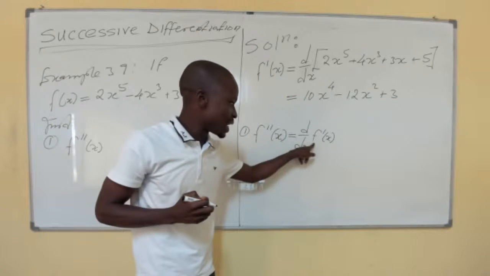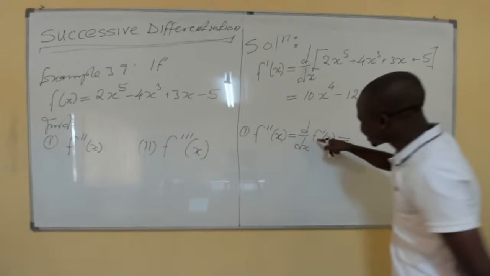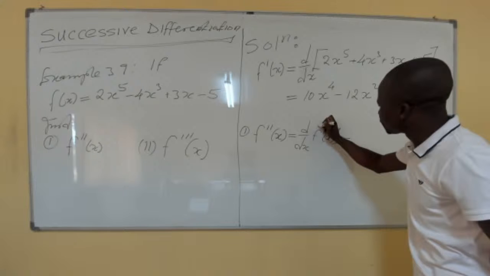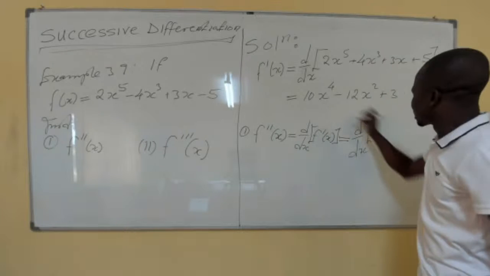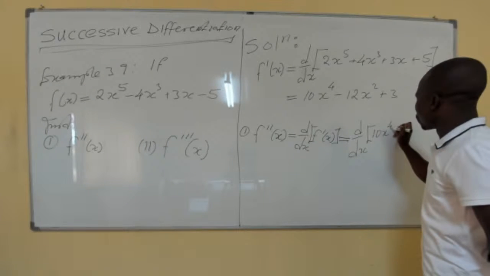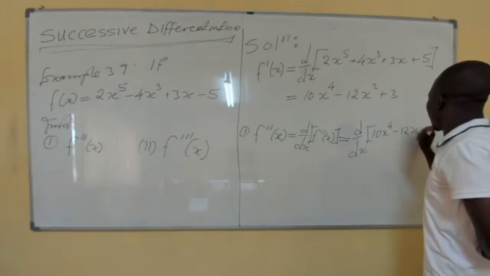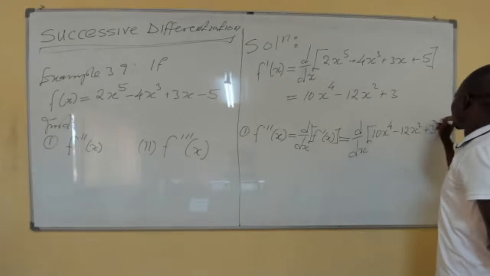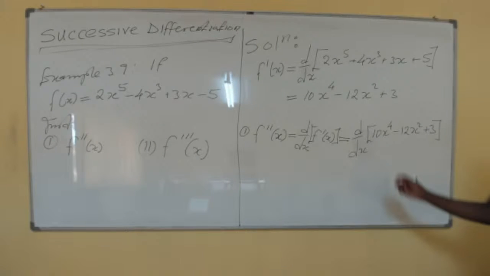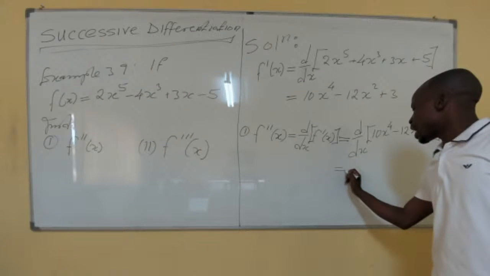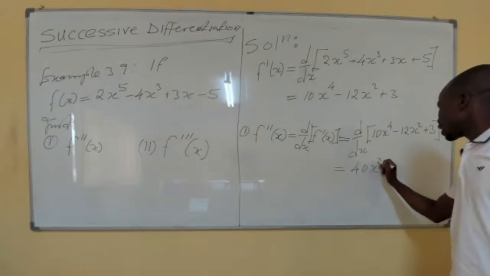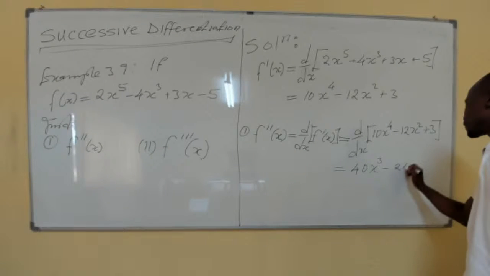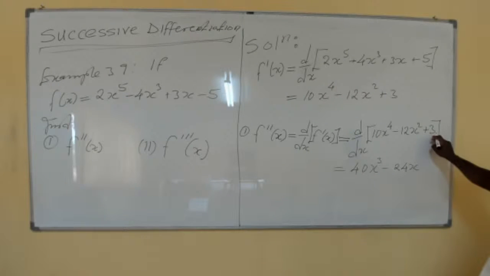Now what is the first derivative of f of x? It is 10x to the power 4 minus 12x squared plus 3. When you apply the difference and sum rule, what you're going to get is 40x to the power 3 minus 24x. Then the derivative of 3 will be 0, so it will just end there.